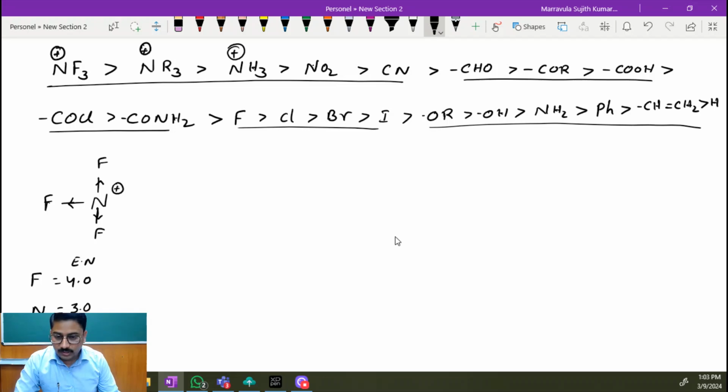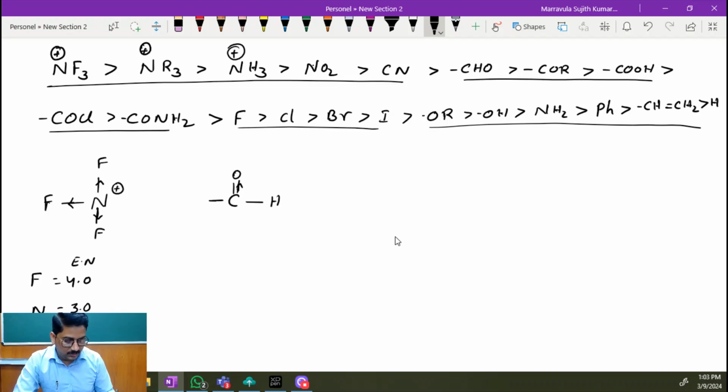CHO and COOH are both there. Let's take the CHO group once. COOH has two oxygens, but CHO has only one oxygen, right? Let's take C double bond O, H. Generally, oxygen is more electronegative, so the sigma electrons are attracted towards the oxygen.